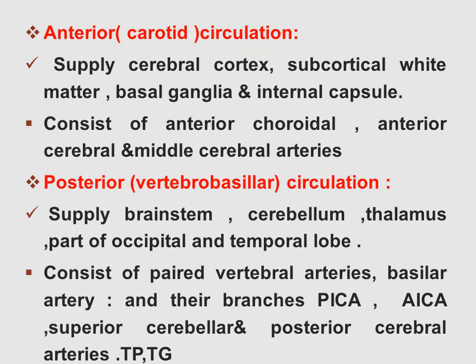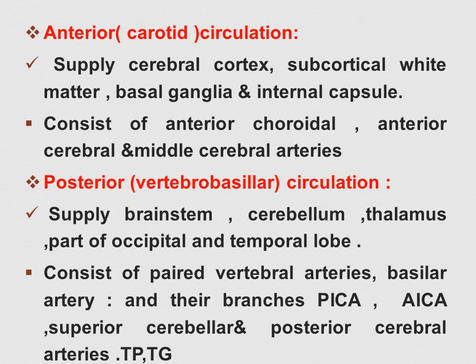The anterior circulation usually supplies the cerebral cortex, subcortical white matter, basal ganglia, and internal capsule. It consists of the anterior choroidal, anterior cerebral, and middle cerebral arteries, while the posterior circulation supplies the brainstem, cerebellum, thalamus, part of the occipital lobe, and the lower gyri of the temporal lobe.